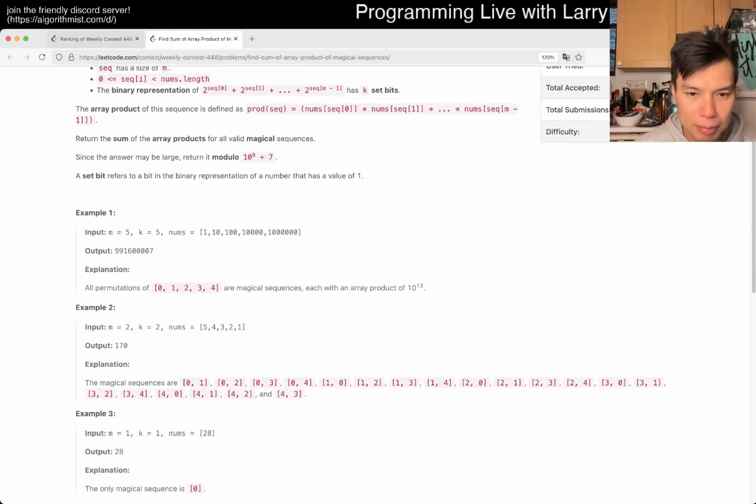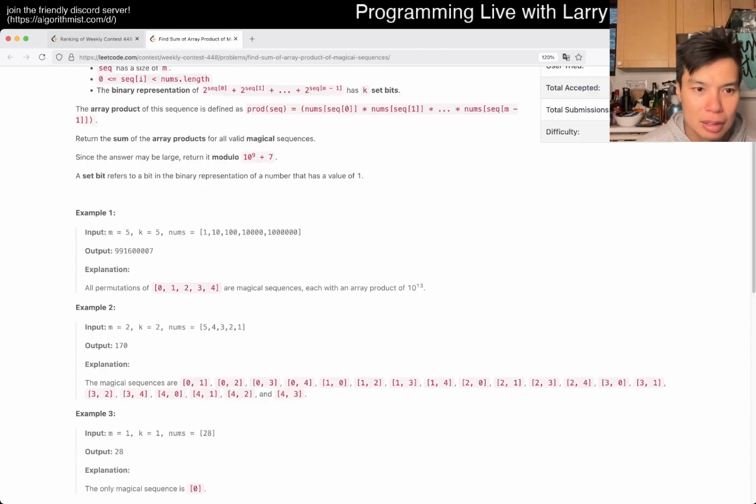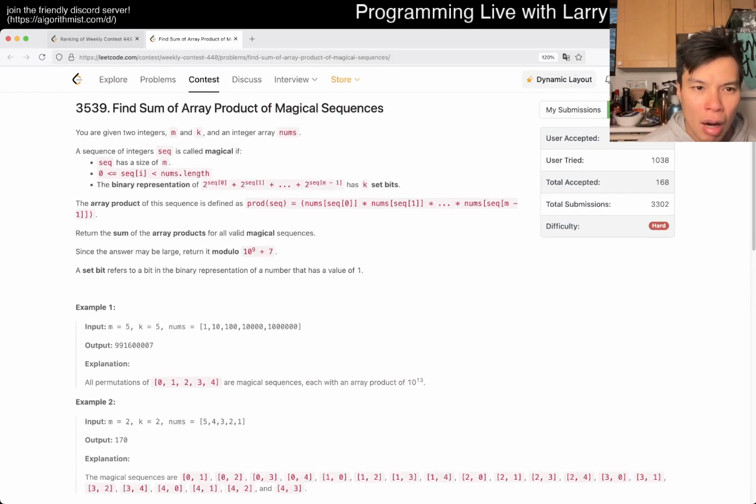But it is what it is. Maybe I'm glad I got the other one because I don't even know how to read this one. Okay, return the sum of array products for random. Okay, what's a magical sequence again? Magical sequence has length m, which we're given.